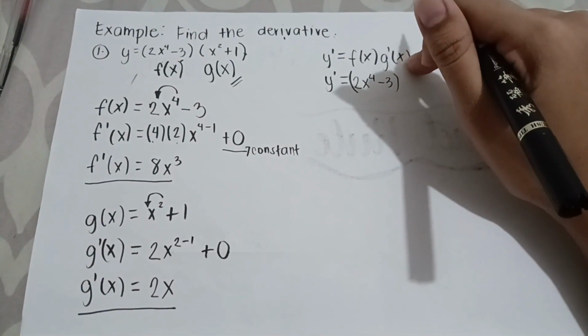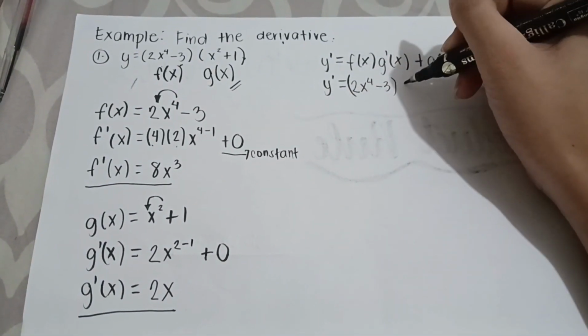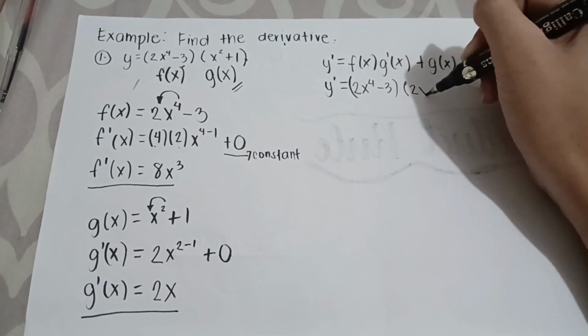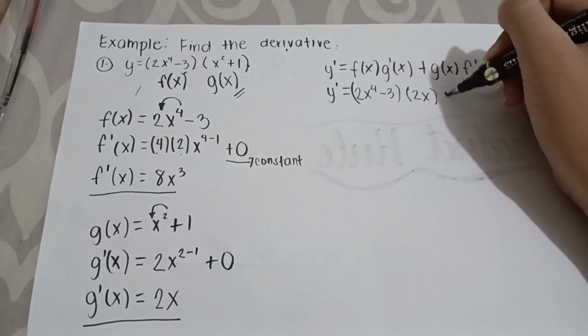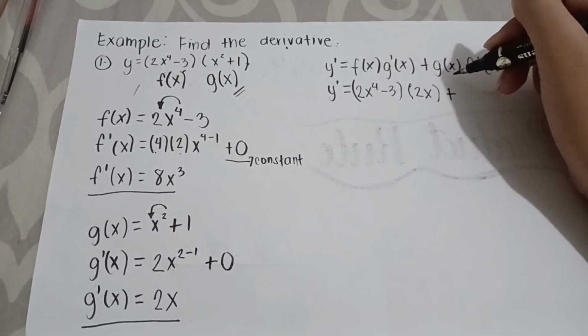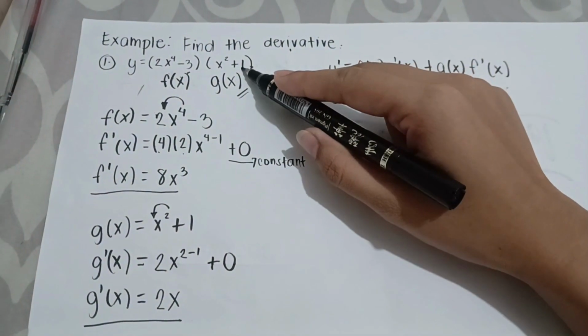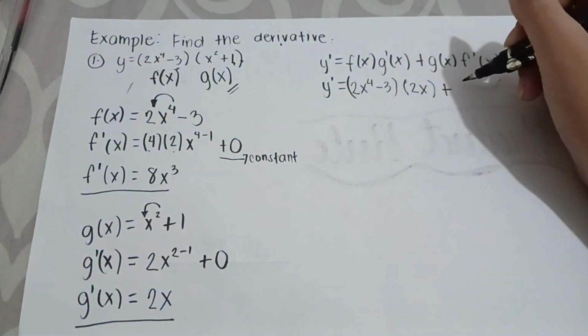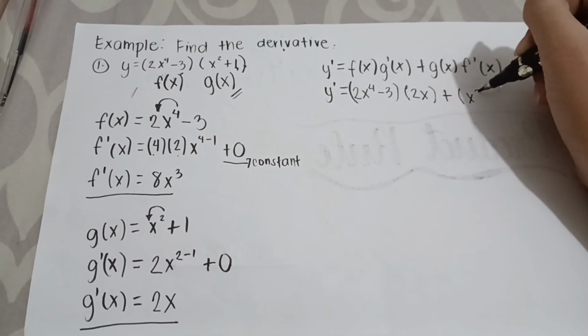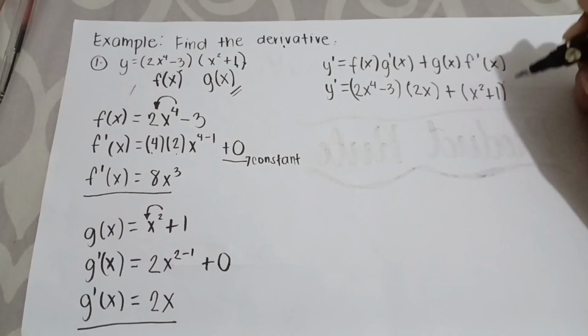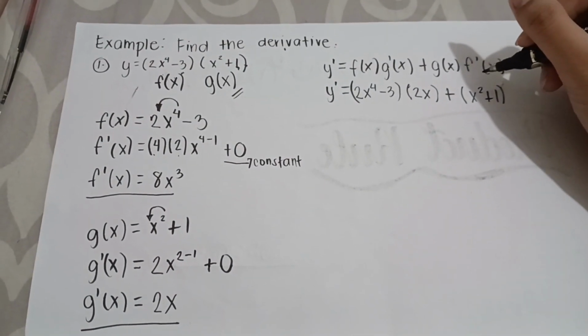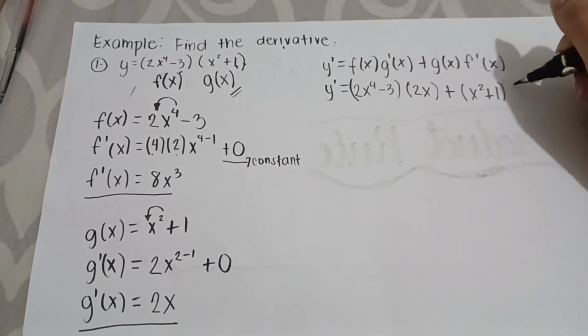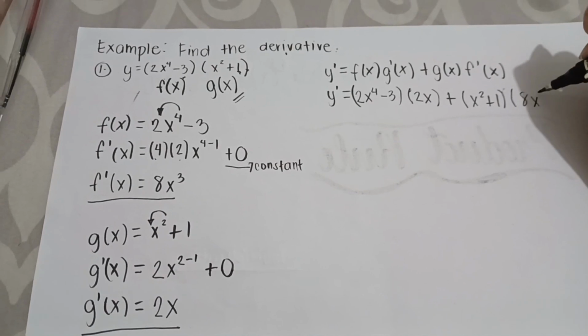Then the value of our g prime of x is 2x, plus the value of our g of x, which is x squared plus 1, so we have x squared plus 1. Then the value of our f prime of x is equal to 8x cubed.